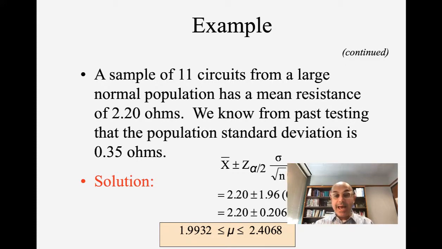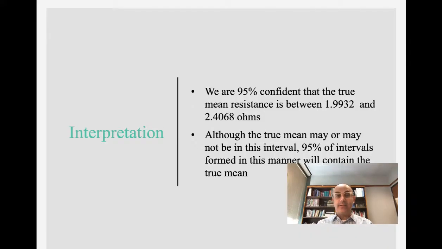In this case we can determine the lower and upper limits: the range is between 1.9932 and 2.4068, and this is how I calculate that.